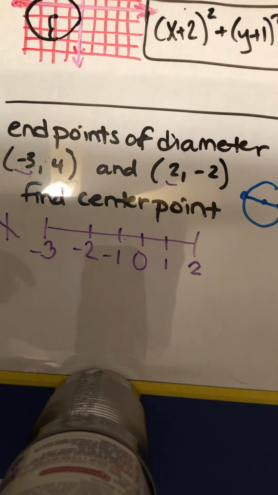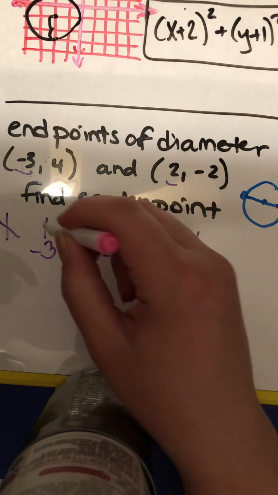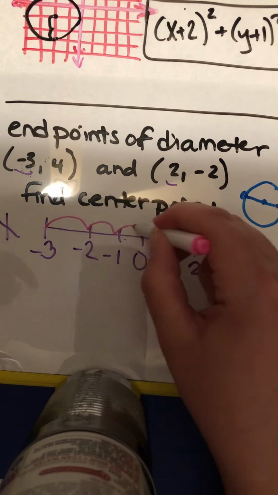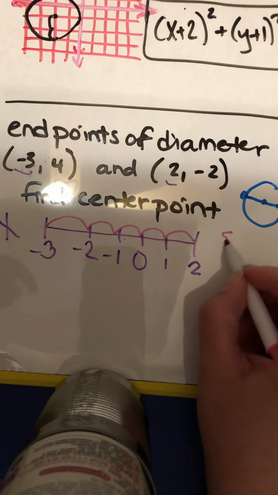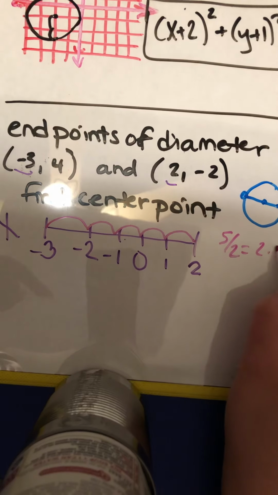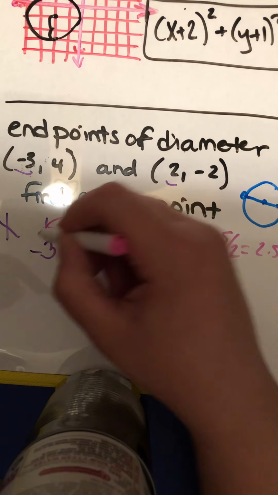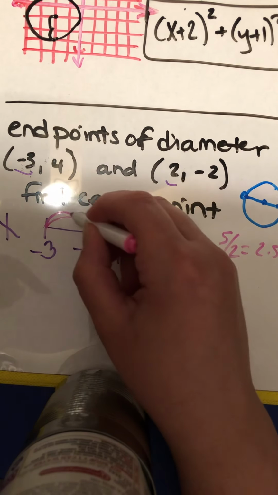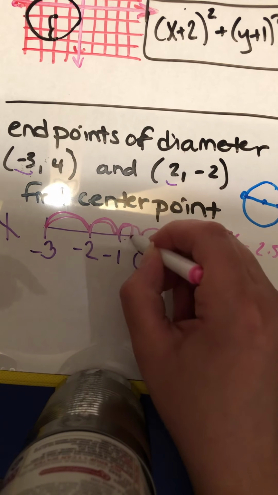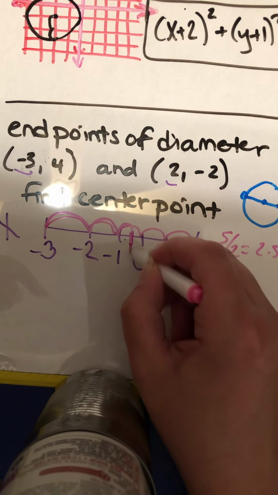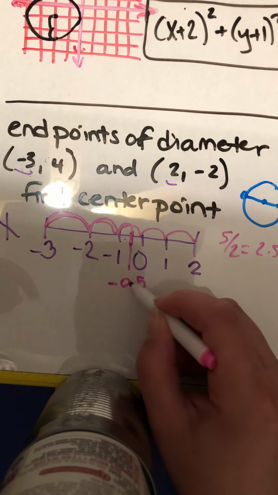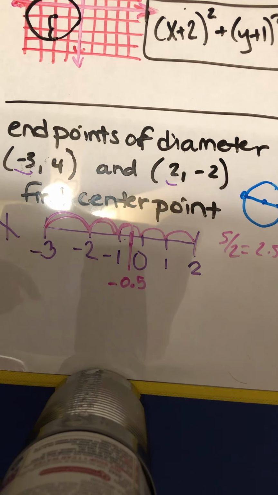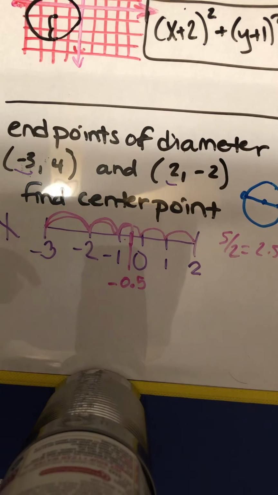If I have 1, 2, 3, 4, 5, 5 divided by 2 is 2.5. I know I need to go 2.5 over. It's a bad example because it doesn't land in the middle. I think all the ones for the assignment are even. So that's my x.